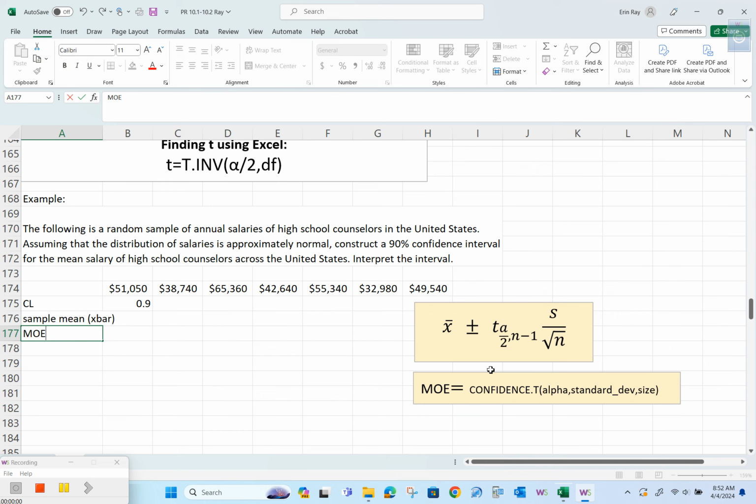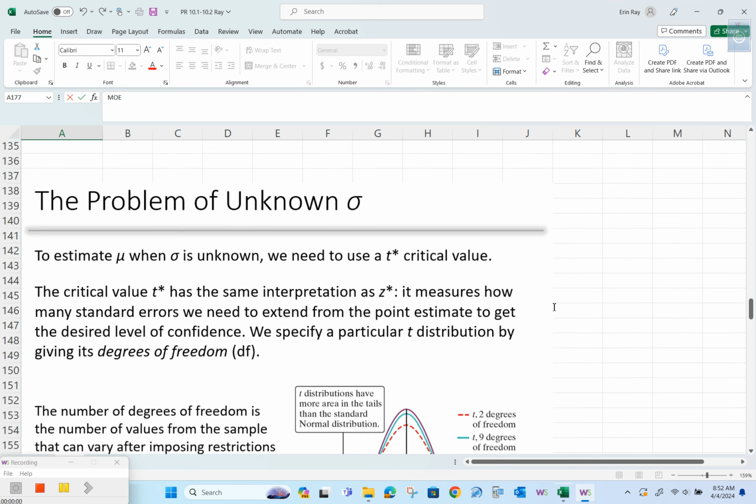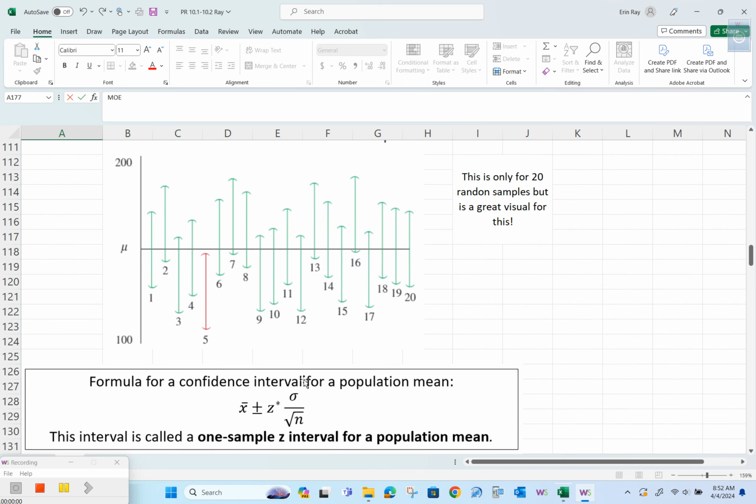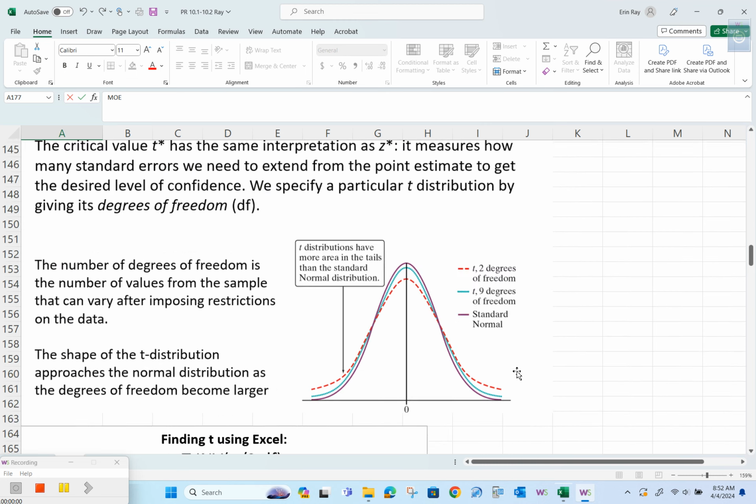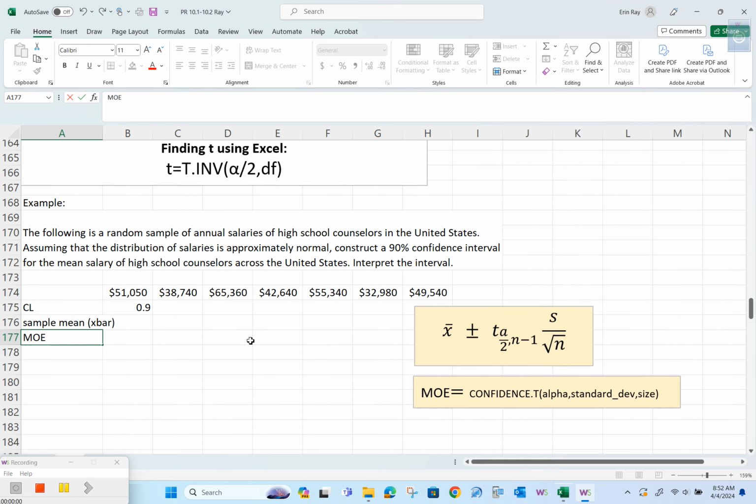In order to calculate the margin of error, here's what you need to know. Were you given a sample standard deviation, or, like up above, were you given the population standard deviation? That's the entire difference. So here, we weren't given either. We were only given sample data, and that lets us calculate the others.